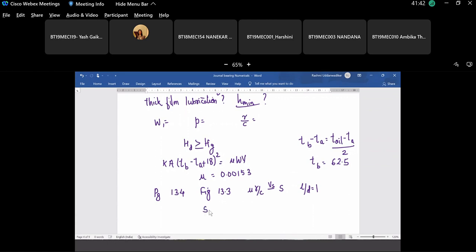So what is the value of S you are getting? What is S? 0.02?